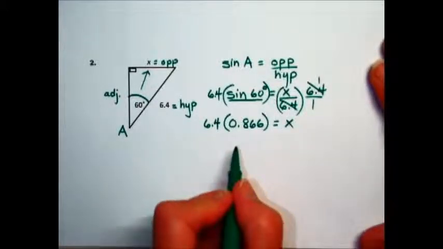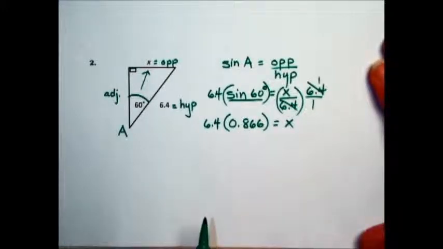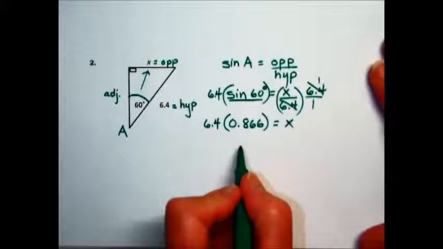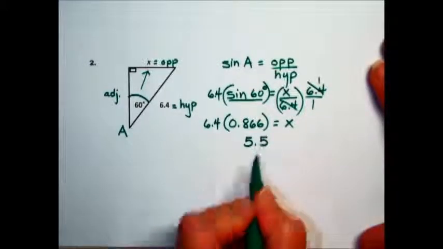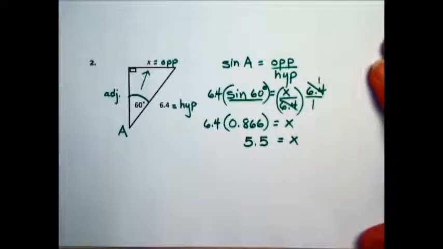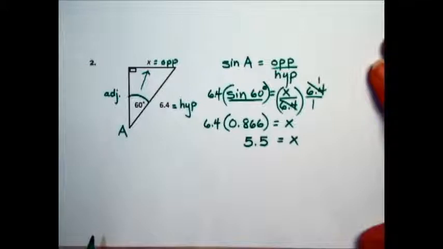And the last step, do the last multiplication implied here to simplify, and only now will we round. Rounding to the nearest tenth, we find that the length of this unknown leg opposite of our reference angle is 5.5.